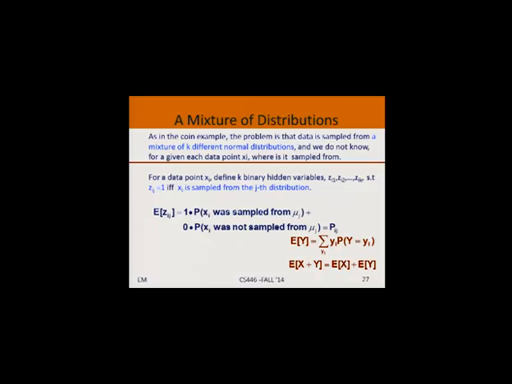I want to write the expression for the likelihood of the data, but I don't know which probability to write down because I don't know where it is coming from. So I'm going to introduce this set of variables. We know that at a given time, only one of them is 1 and the rest are 0, because a given point xi came from one of the j's; it cannot come from several of them.